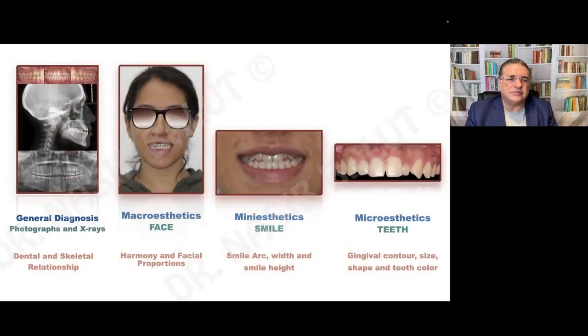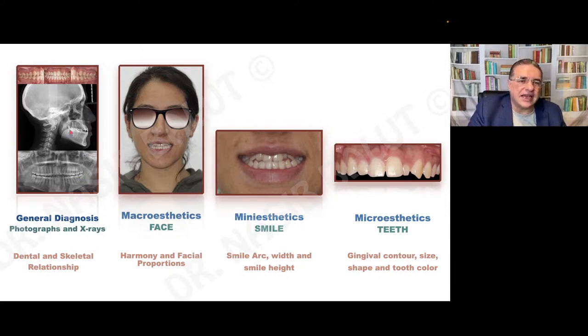So now let's see this case step by step, the way we manage a camouflage case with the Damon system. First of all, again, and I have to repeat it, we do our diagnosis with the CBCT.